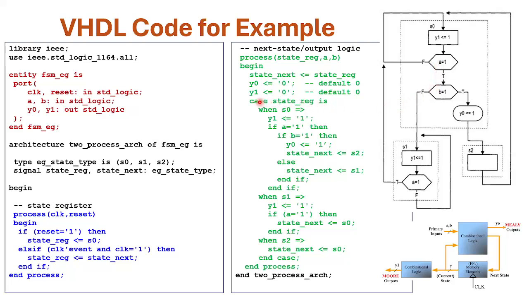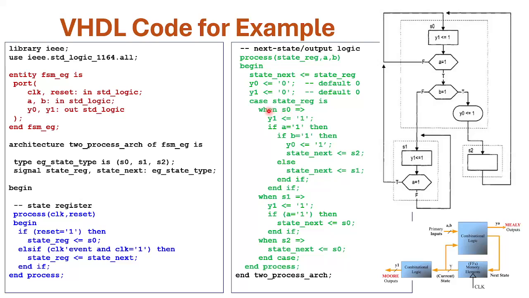We'll have typically a case statement with as many branches as blocks, ASM blocks, in the ASM chart. So we have three, one corresponding to S0, to S1, and the third one to S2.